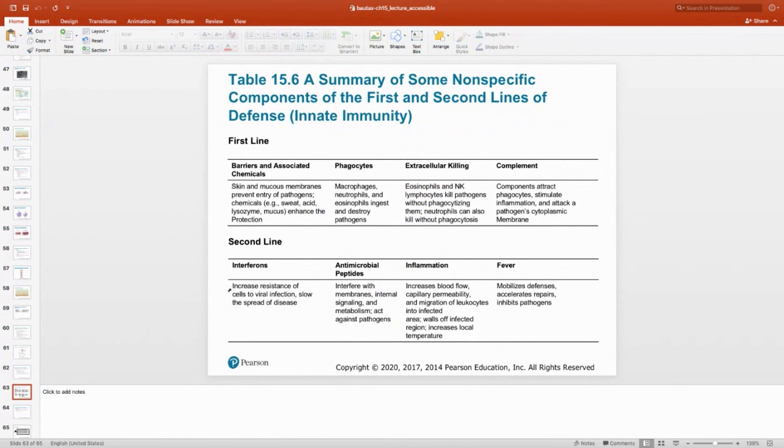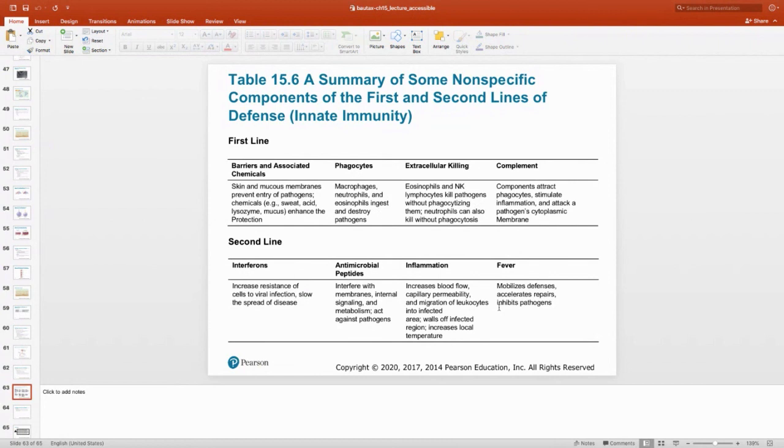Then in the second line, we've got an increase in the resistance of cells to the viral infection, and it slows the spread of disease by the interferons. There are antimicrobial peptides, and inflammation and fever. So all of these are useful and are non-specific.